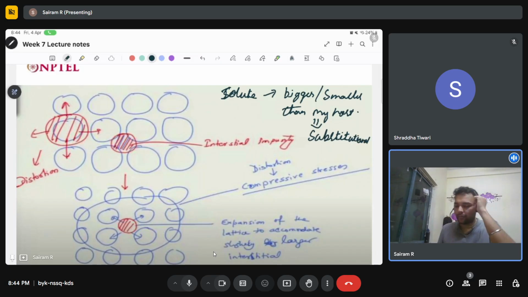If my impurity is interstitial, as these are rough sketches, we are able to see that the interstitial sites are approximately of the same size as my atom, but my interstitial sites are not going to be of the same size as my atom, or probably larger.